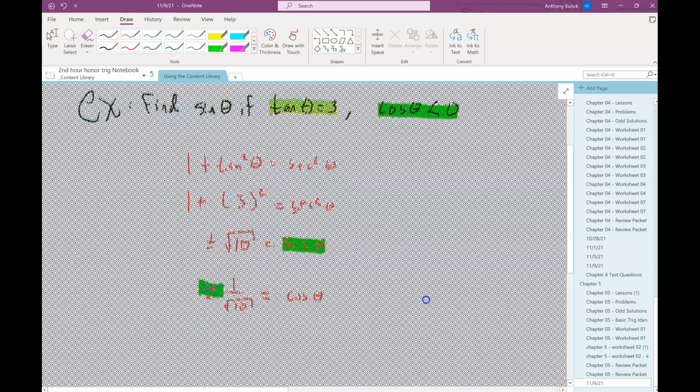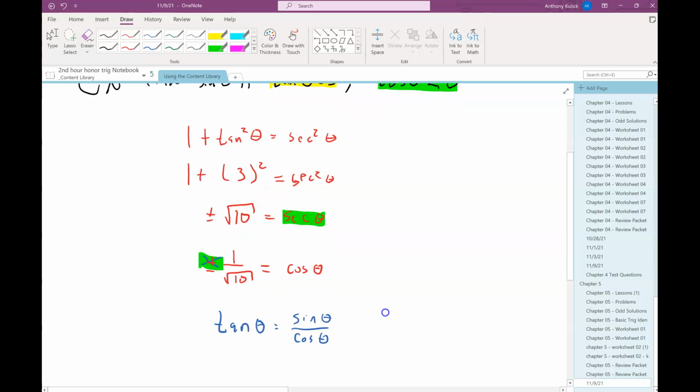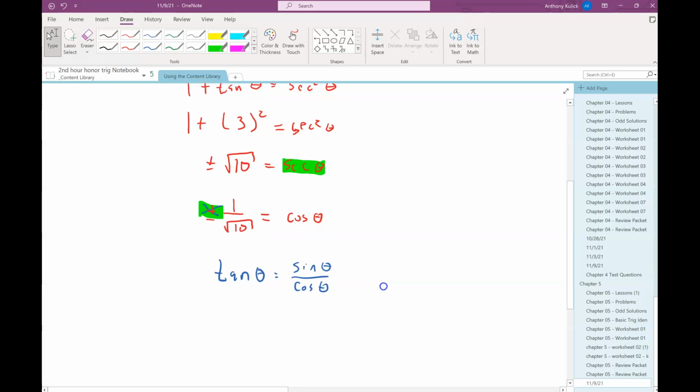Now really what we're looking for is sine. We know now tangent and cosine. So what I'm going to use is the quotient identity, that tangent is equal to sine over cosine. Since I know both tangent and cosine, I can use that to solve for sine.